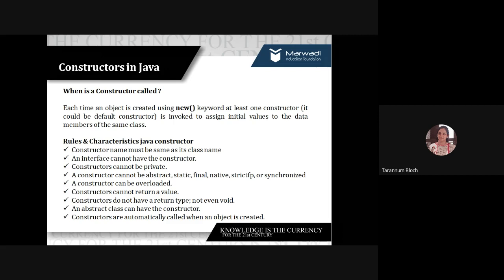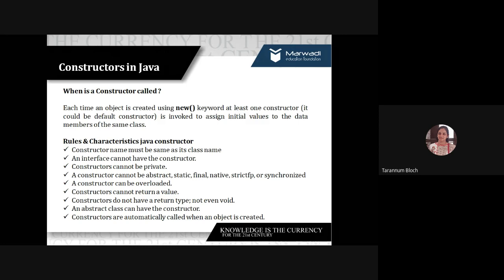Any business logic we cannot apply over there. And we say an abstract class can have a constructor. These two terms, abstract class and interface in Java, are the discussion of the next chapter. For now, just remember that an interface does not have a constructor and an abstract class can have a constructor.